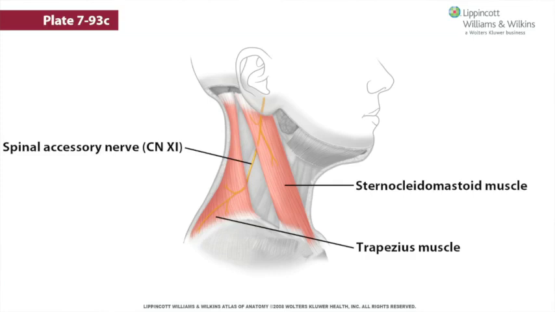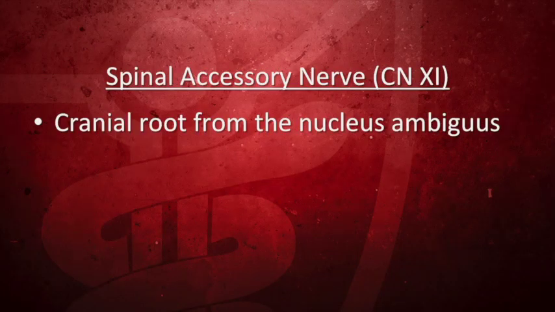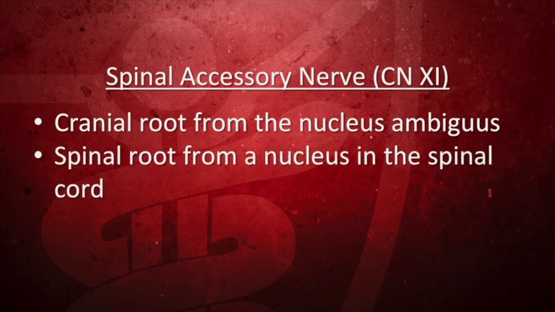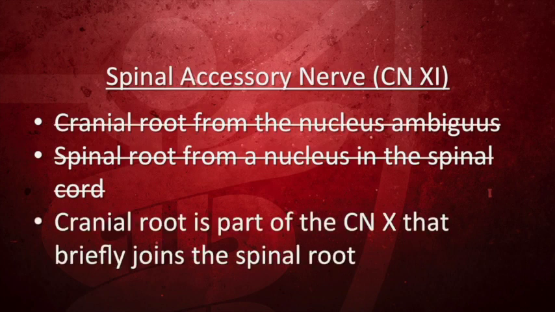It used to be taught, and occasionally still is taught, that the spinal accessory nerve has a cranial root from the nucleus ambiguus in the medulla and a spinal root from a nucleus in the spinal cord. Now, however, it is known that the so-called cranial root is actually part of the vagus nerve that only briefly joins the spinal root.